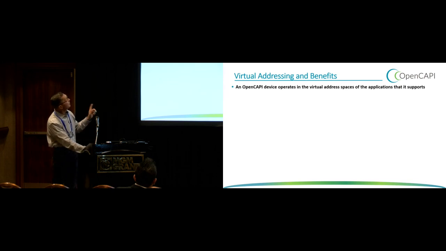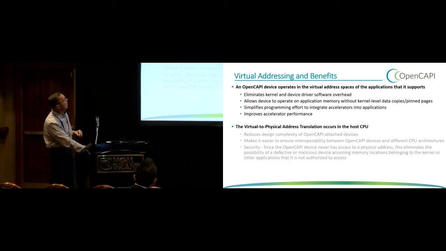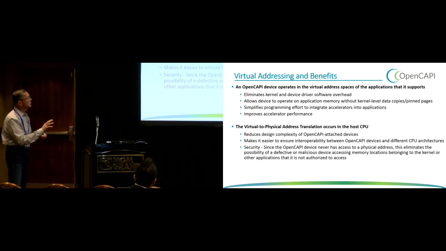So on the virtual addressing, we operate in a virtual address space. Eliminates, like I said, the software overhead, right, to get the latency down to the lowest. It runs without the kernel interference, simplifies the programming, which is a nice thing, and of course, it improves the overall accelerator performance. All the virtual to physical address translation occurs in the host CPU.